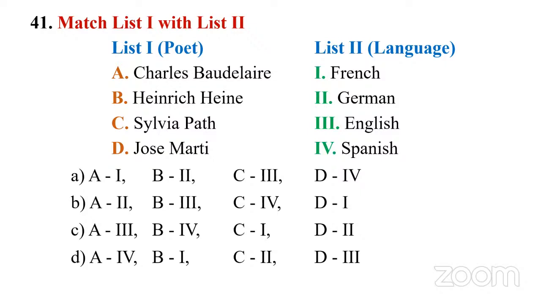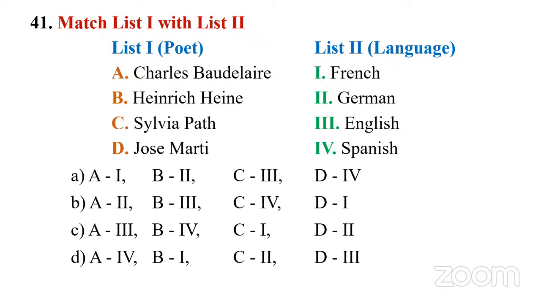Then C, Sylvia Plath, against which we have 3, English. Then D, Jose Marti, against which we have 4, Spanish. So what you have to do is match the poet with the language he or she wrote in. So this is the match the following.